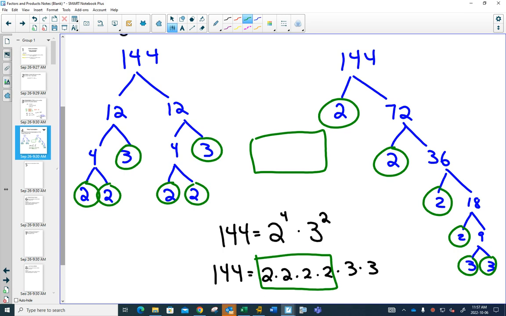And so having the prime factorization lets you develop your times table so much faster and so much quicker that you can see things you might not have seen before, right? And sometimes you can take numbers that you know multiply and rearrange them to multiply to get new numbers, things that you might not have seen before. So for example, you know that 6 times 9 is 54.